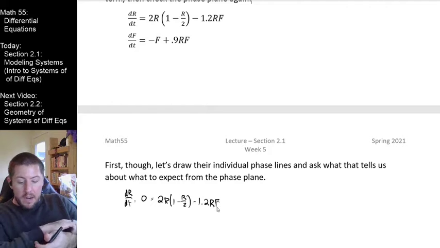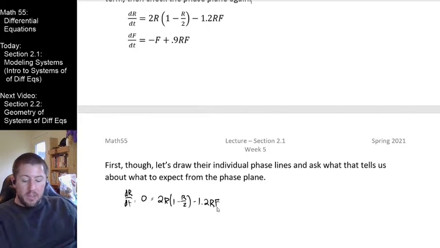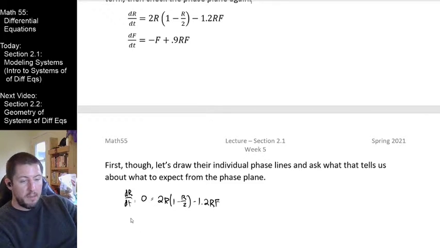Well, one thing I can see here is that there's going to be one rabbit population amount that we can have, where r is equal to 0 and f is equal to 0. Let me write both of these right here real quick.